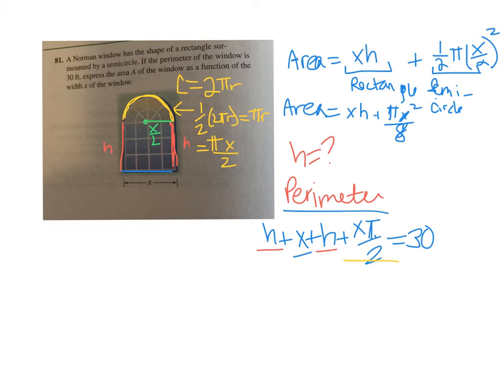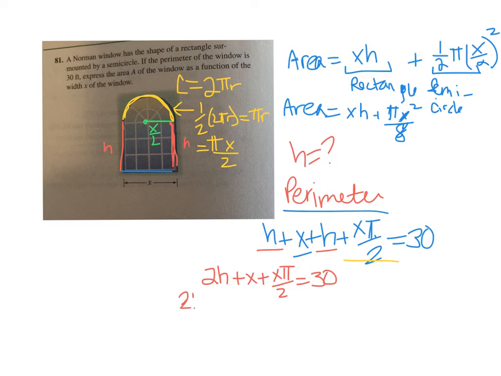The next thing I need to do, since I determined that I need to figure out what h is equal to, is solve this perimeter equation for h. So rewriting that equation, I have 2h plus x plus pi x over 2 is equal to 30. I have to solve that for h.